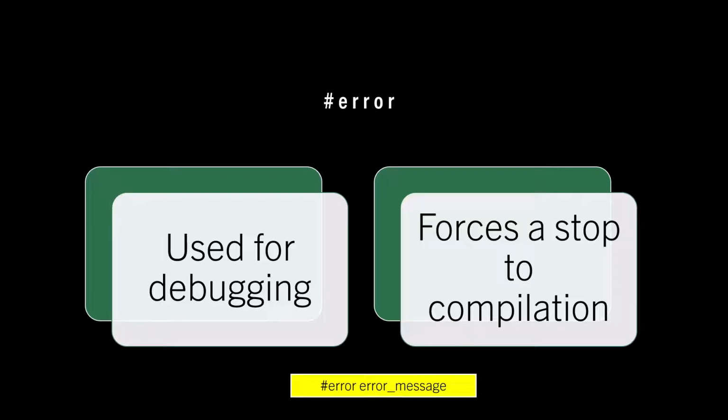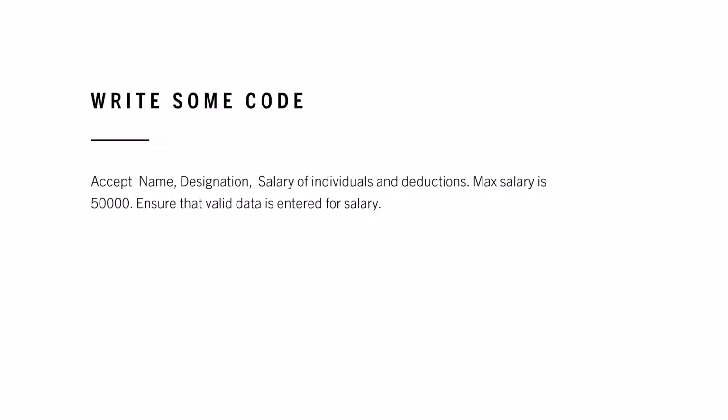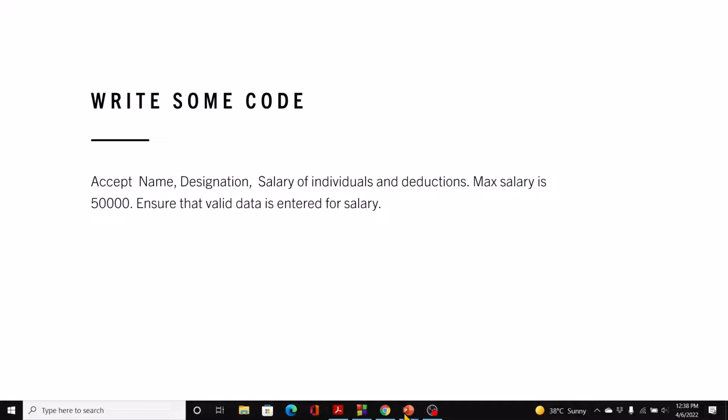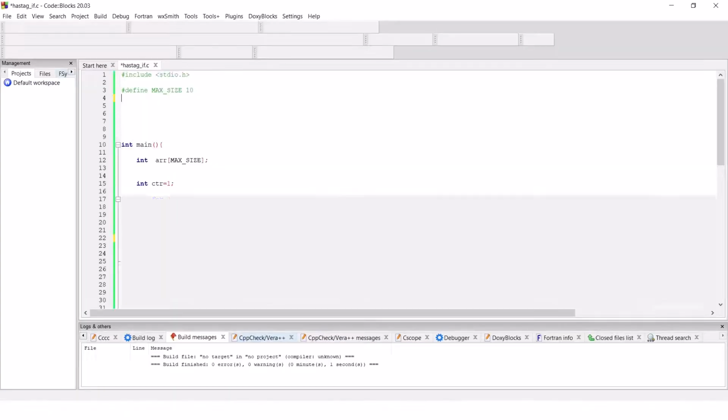The format would be something like this, and of course error message would include the error message that we specify, but it could also include other information that the creator of the compiler would like to include here. Now write some code, but before we do this, let's take a look at a short program.